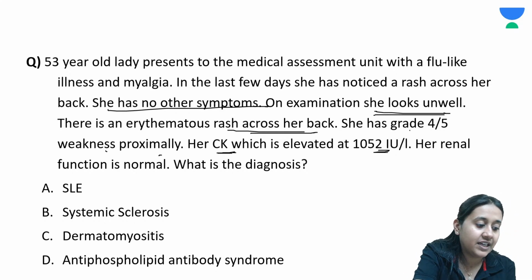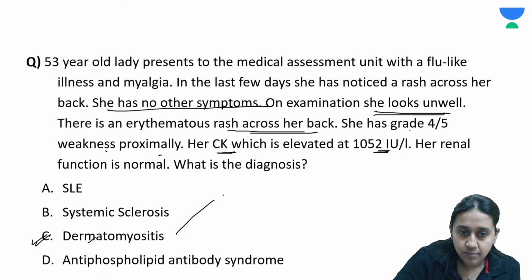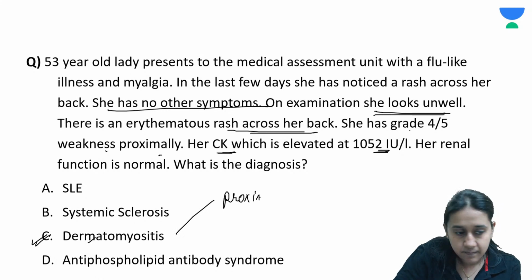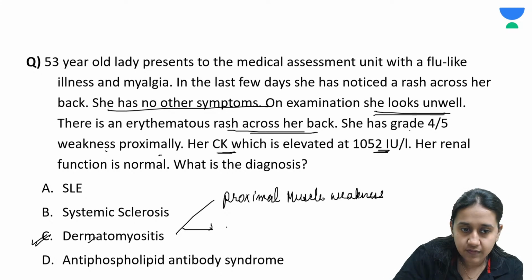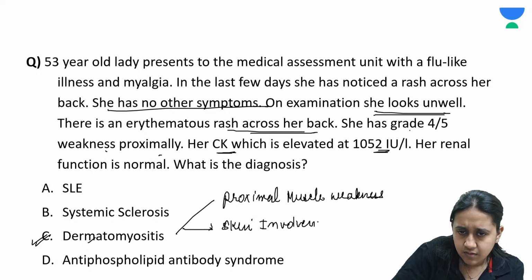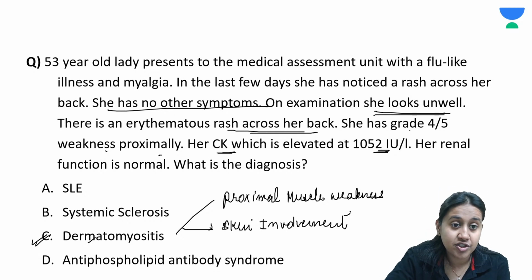Please remember, this is a very classical description of dermatomyositis. In dermatomyositis, you have features of proximal muscle weakness, and what else? You have features of skin involvement in the form of rash over the face, which is known as heliotrope rash.